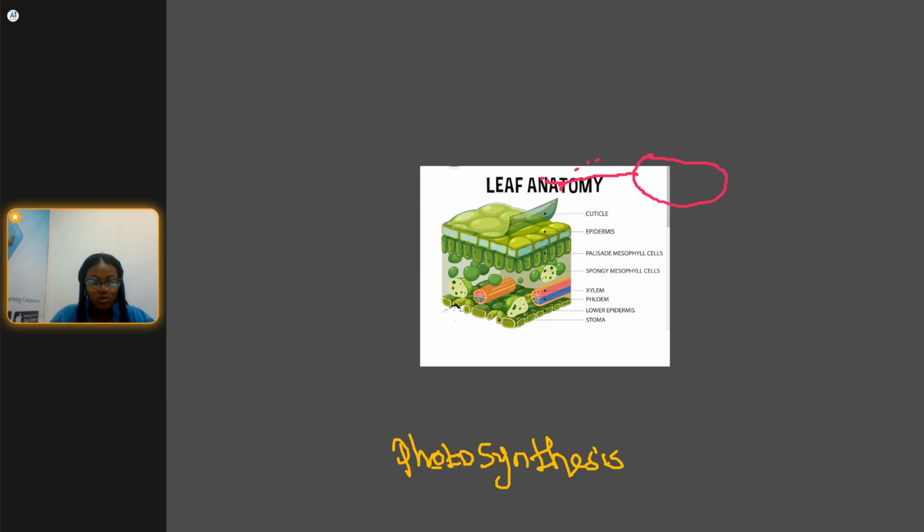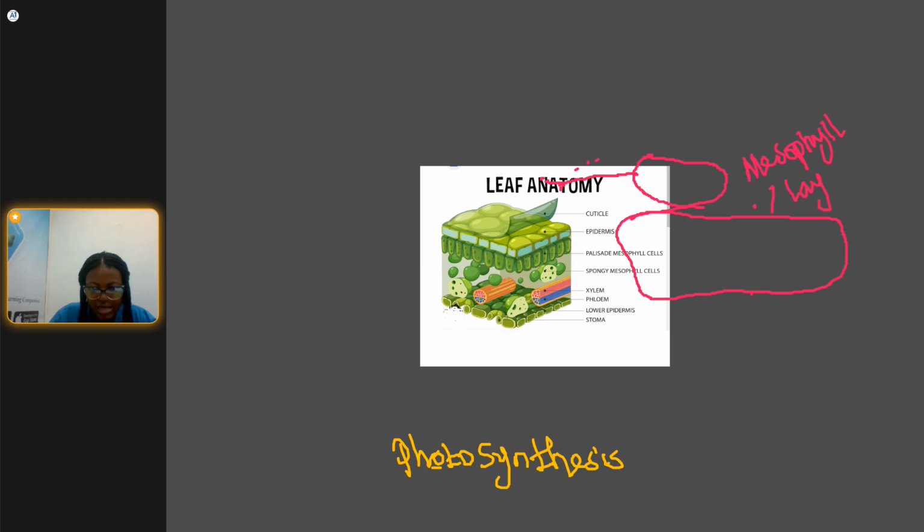All right, so we move to the next layer, which is the mesophyll layer. You can see we have two mesophyll cells here. These two parts are majorly known as the mesophyll layer.